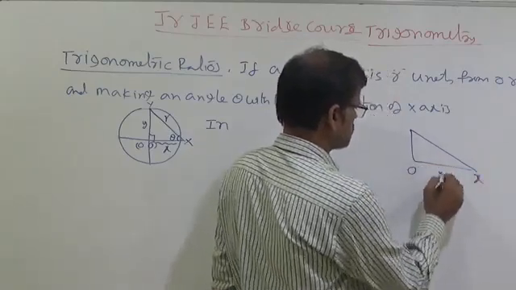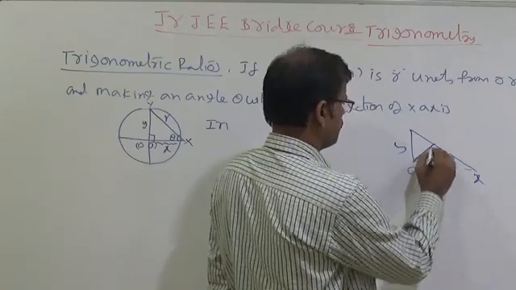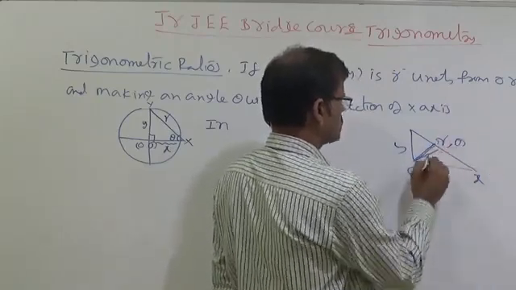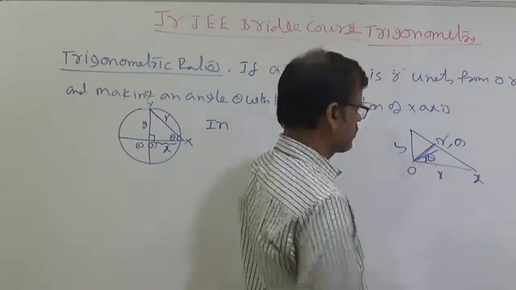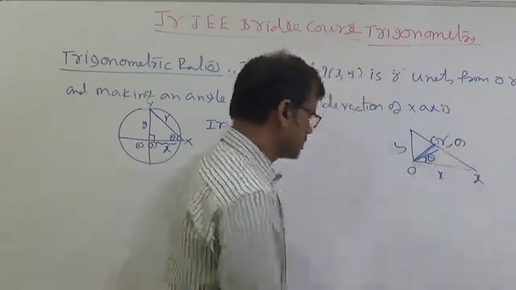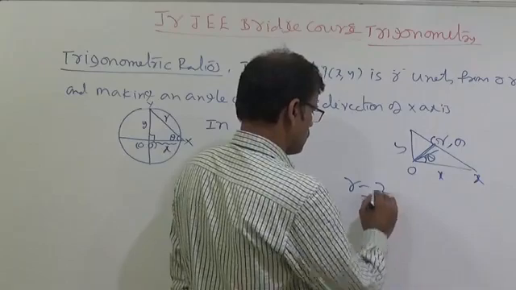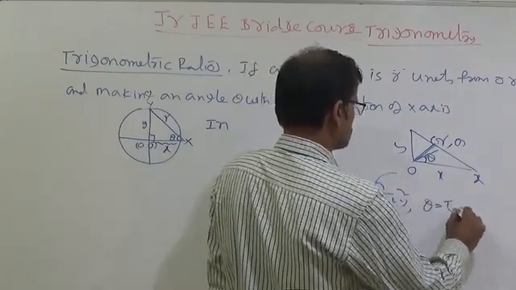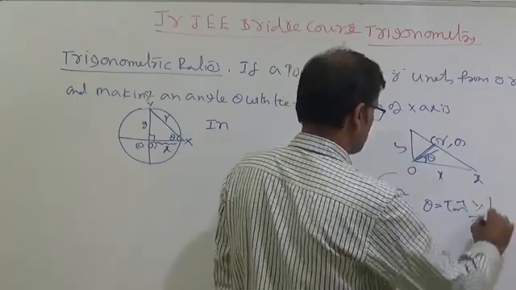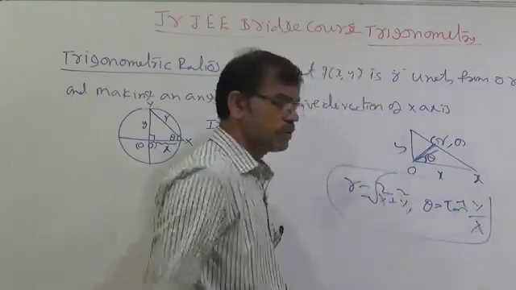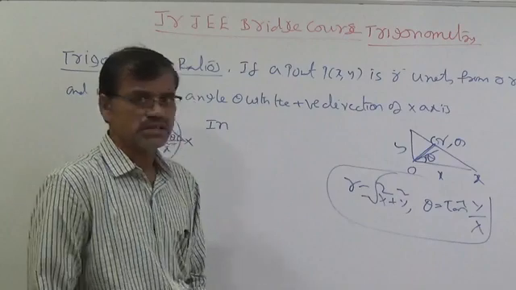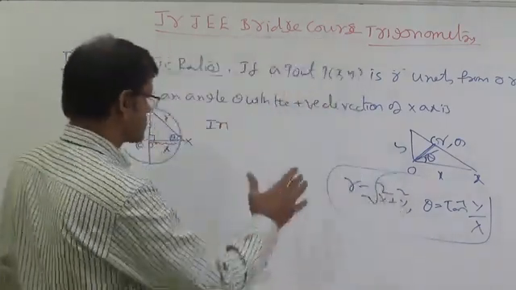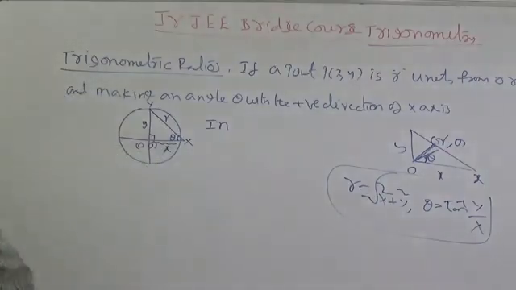If it is r, the point can be written as r comma theta, and r is equal to root of x square plus y square, and theta is equal to tan inverse y by x, depending upon this right angle triangle. These are called polar coordinates. Let us discuss polar coordinates in another class.